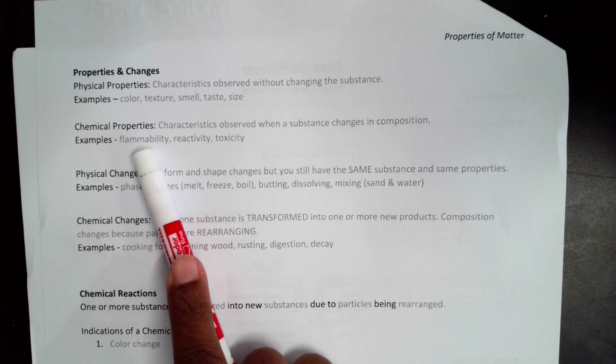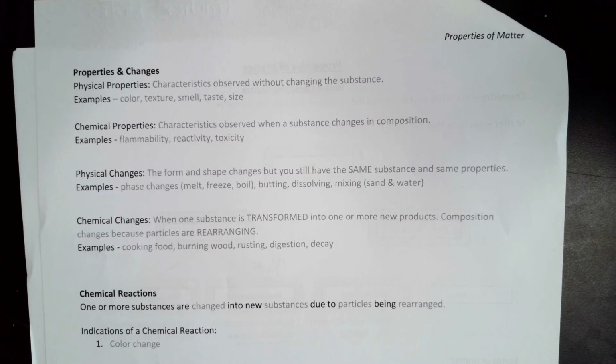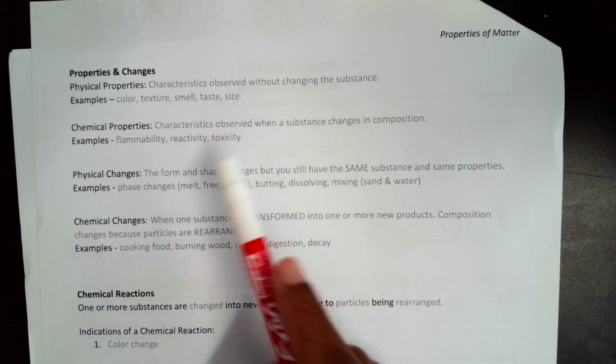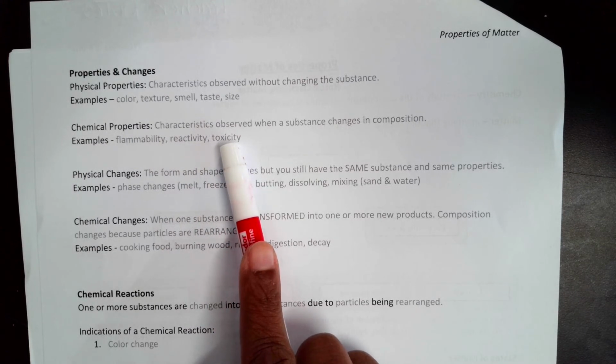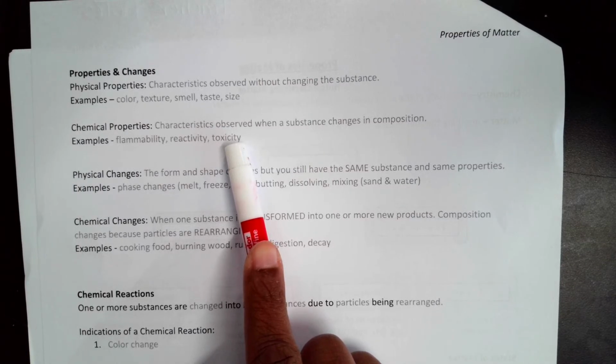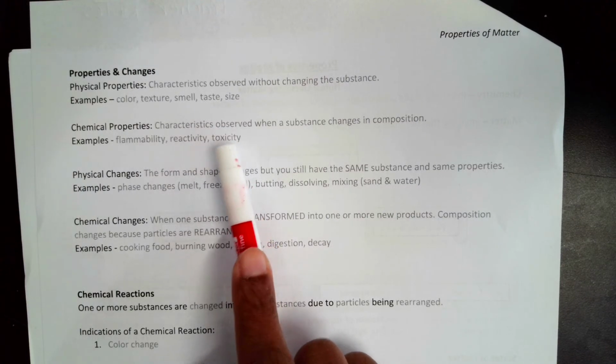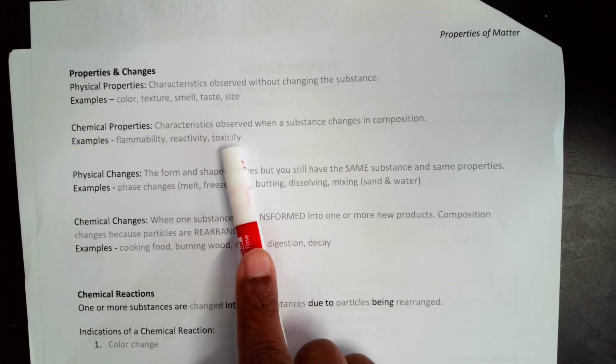Anytime you see anything that involves burning, that is a chemical property because it changes the substance. Reactivity, when you're dealing with chemicals, a lot of times you can create new substances. And toxicity. But this also will change the substance.